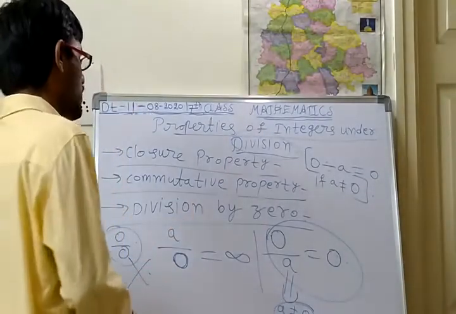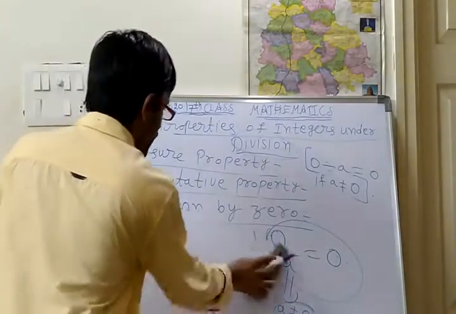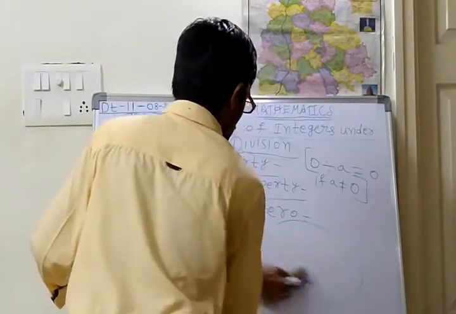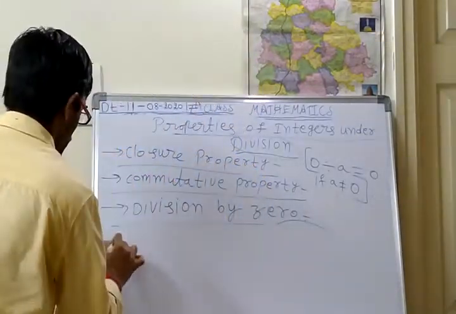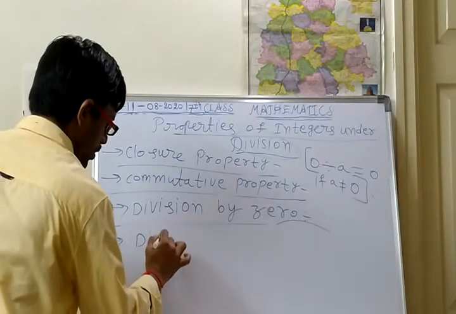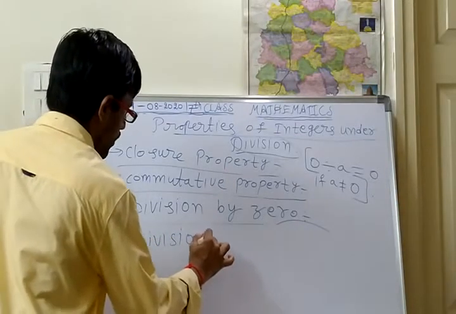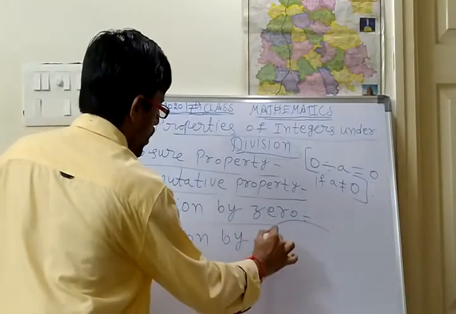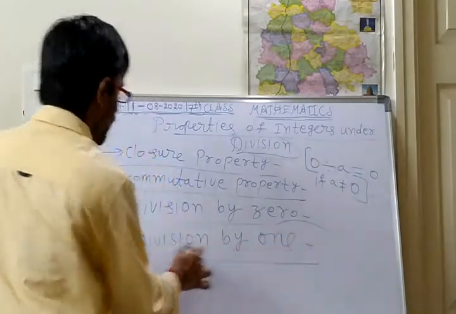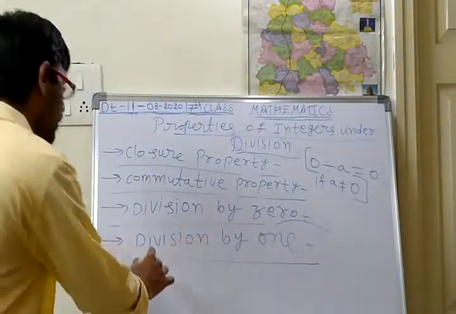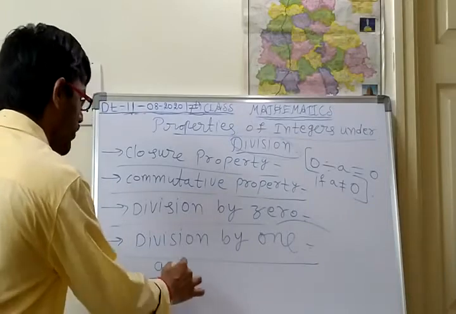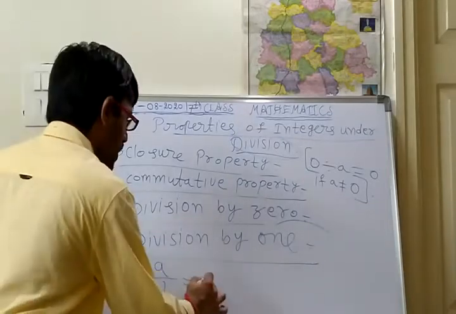Next property, division by 1. Dividing by 1: if any integer is divided by 1, what will happen? The same number will come.